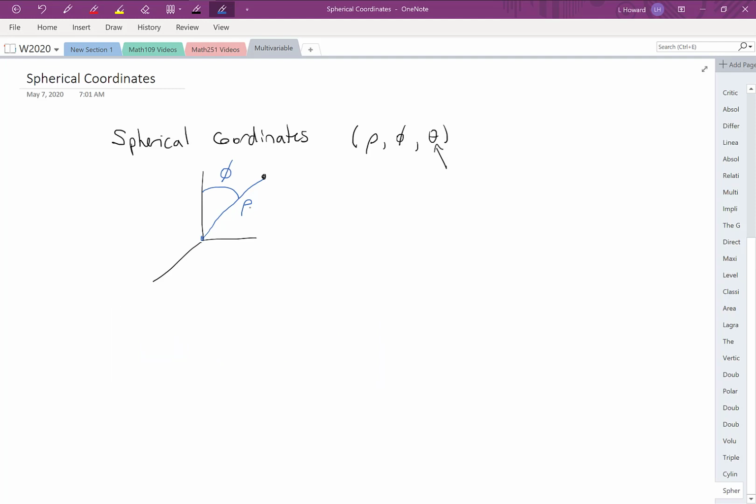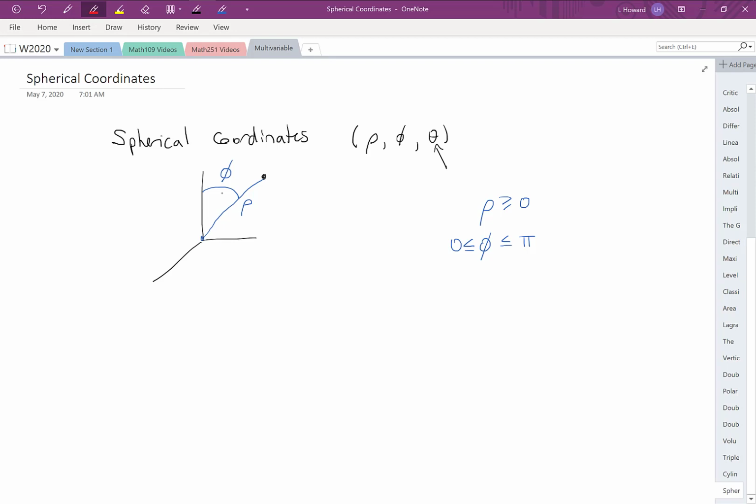And as we go through these coordinates, let's actually write down the range of values that each coordinate can take on. Because rho is a distance, rho is going to be non-negative. Could be 0 if your point were right at the origin. Could be positive, but it won't be negative. And for phi, phi is going to range between 0 and pi.